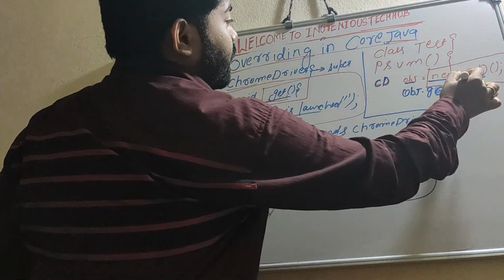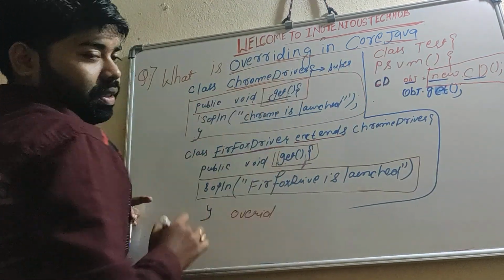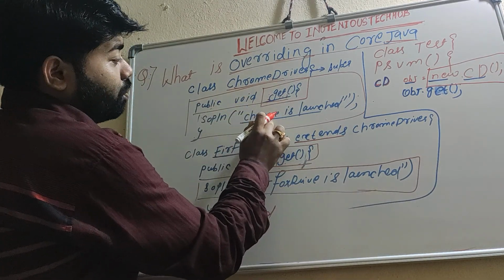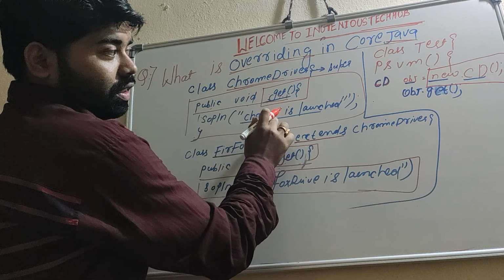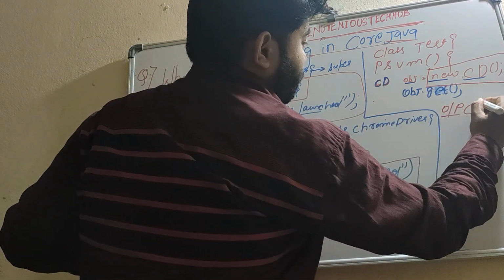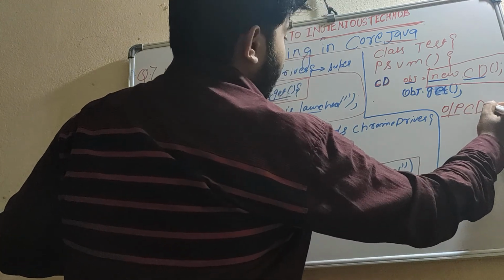This is a ChromeDriver object, so it will execute ChromeDriver's method. The output will be that Chrome is launched.